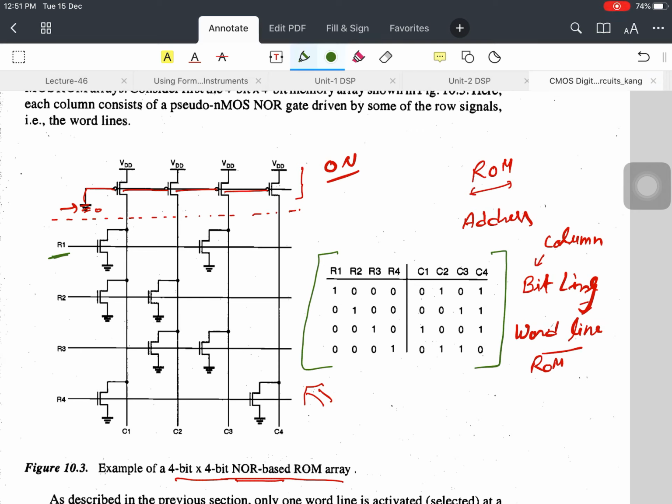R1, R2, R3 and R4 are the rows, and C1, C2, C3 and C4 are the columns. What happens if we take R1 equal to 1? We are selecting this row only, with R1 equal to 1.